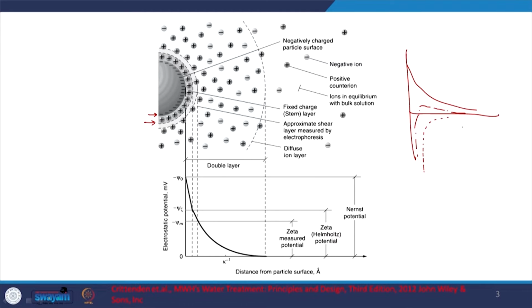So, this is distance, the x-axis is distance. As another particle approaches our particle of interest, it has to overcome this maximum.